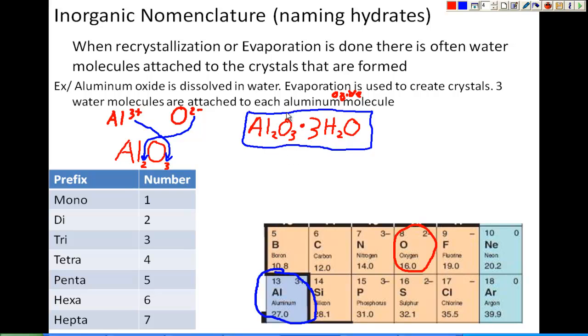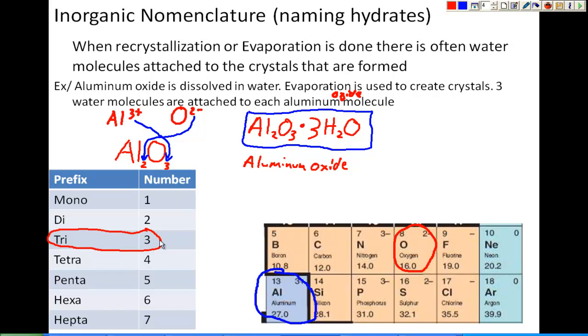Okay, now how do we name this? Well, we already know how to name this part right here, Al2O3. It's just aluminum oxide. It even gives us in the question here. Okay, now we have to write 3 waters. So if you remember from Science 10, well, you had to do some covalent naming, and we had to, instead of saying 3 waters, you had to count in mono, di, tri. So we're going to use 3, or in other words, tri.